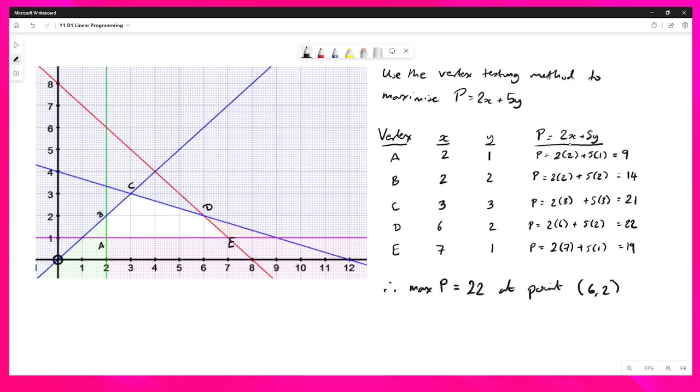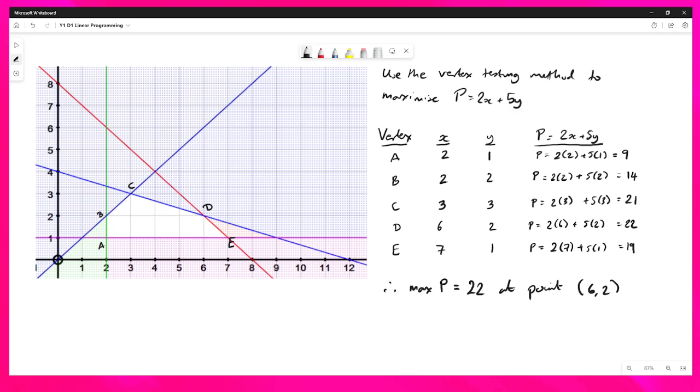Again, if this question has context, you would need to then summarize in context. So saying the maximum profit is £22 when we use 6 of product A and 2 of product B, for instance. Like that kind of thing.